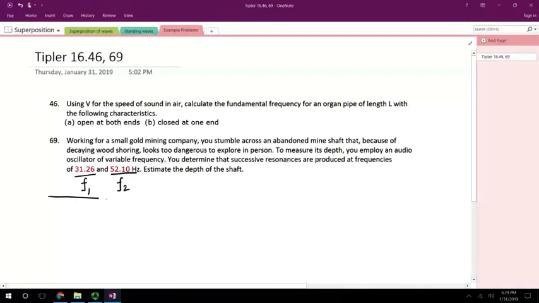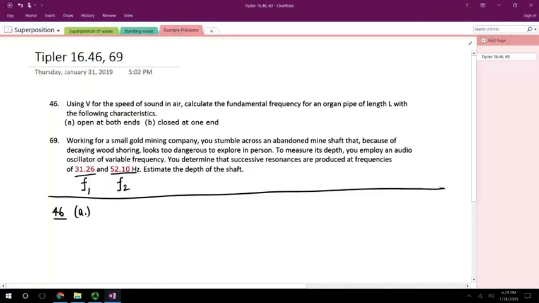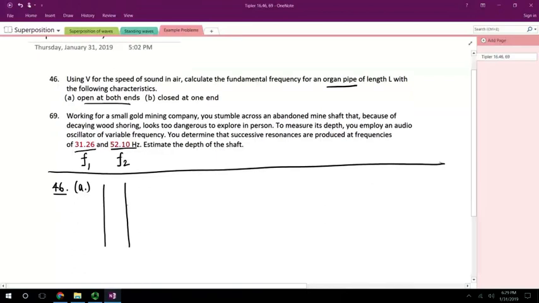Okay, so let's see how to solve this problem. We have to find the fundamental frequency. So 46A is an example where we have an organ pipe which is open at both ends. Let's draw a picture. This is our pipe, and it's open at both ends. Since it's open at both ends, when a standing wave forms inside, it must have a pressure antinode at both ends.